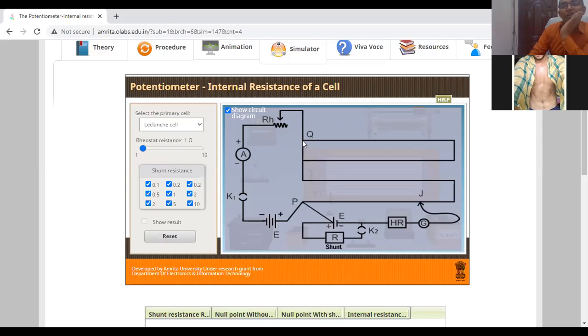First of all, we have to connect this one. Then we will move on to this connection.